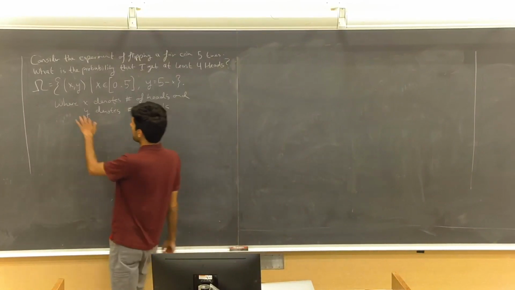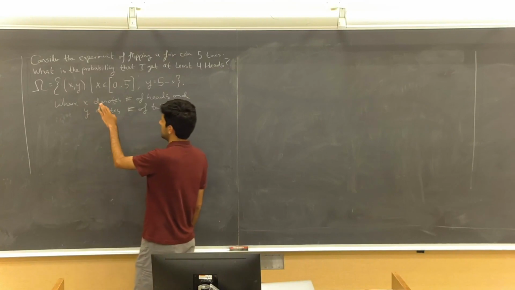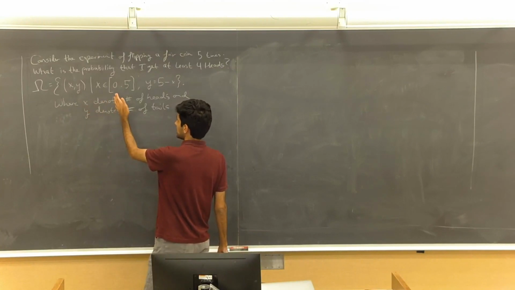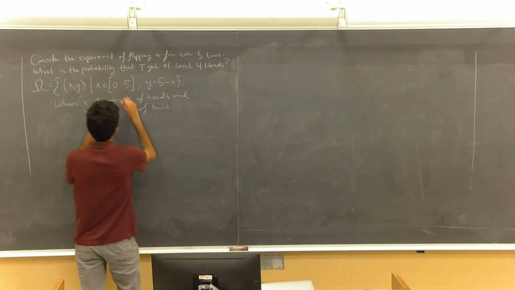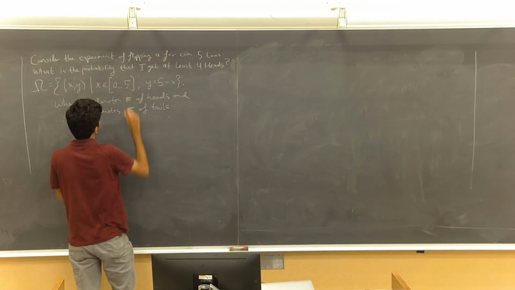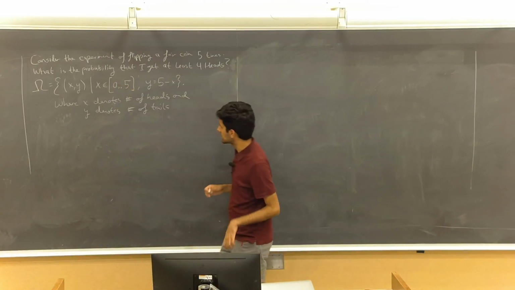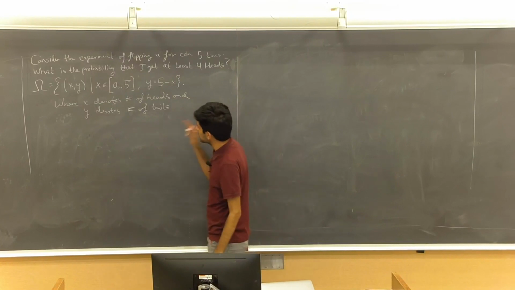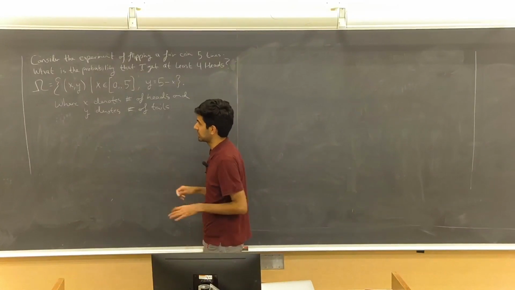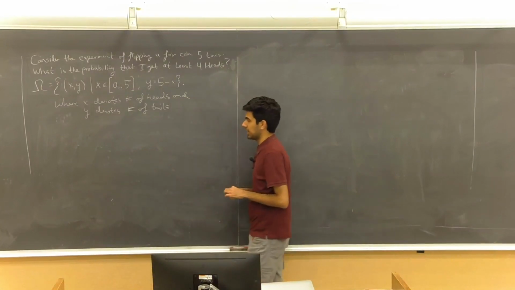This is going to be the set of ordered pairs x, y, where x is an integer in the range 0 to 5 inclusive, and y is equal to 5 minus x. I'm letting x denote the number of heads I got in my experiment, and y is the number of tails.